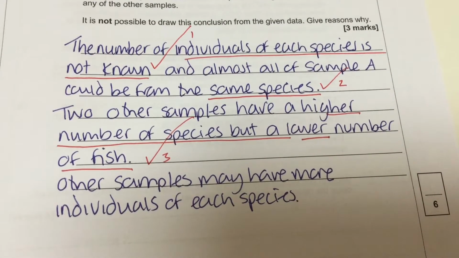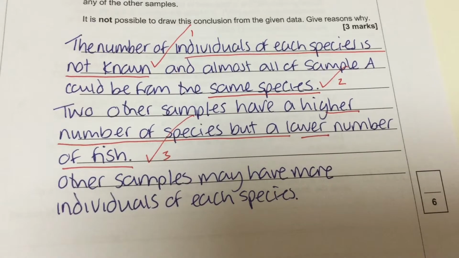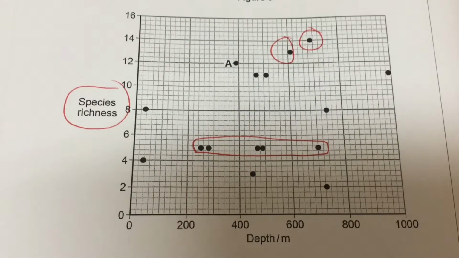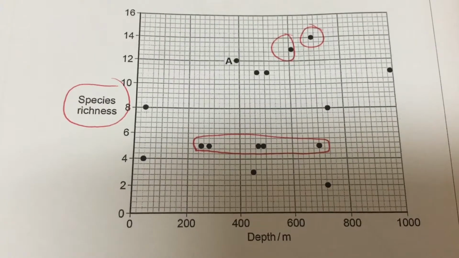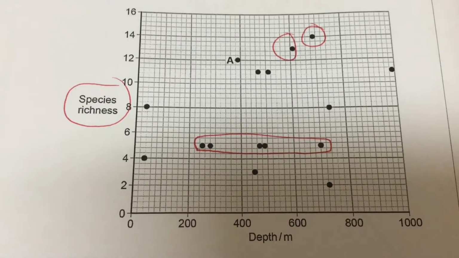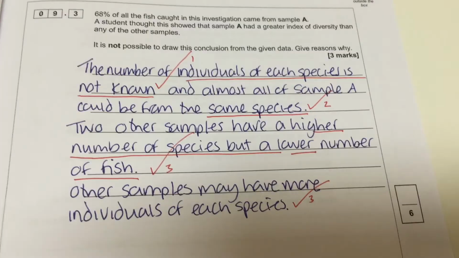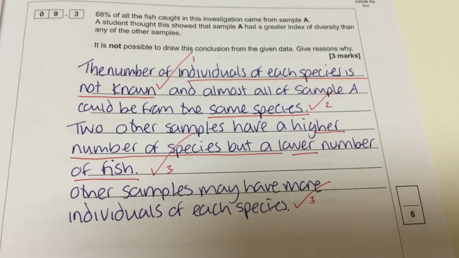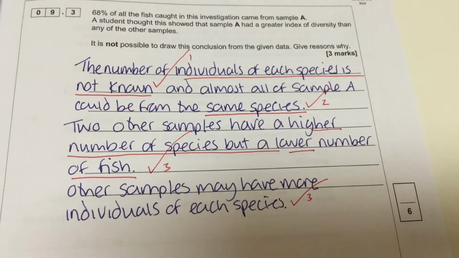The final point there, which says other samples may have more individuals of each species, means that they may have had a fewer number of each species, but that the sample that was caught was representative of those species. So you might have had 4 different species in the catch, but 25%, 25%, 25% and 25%.